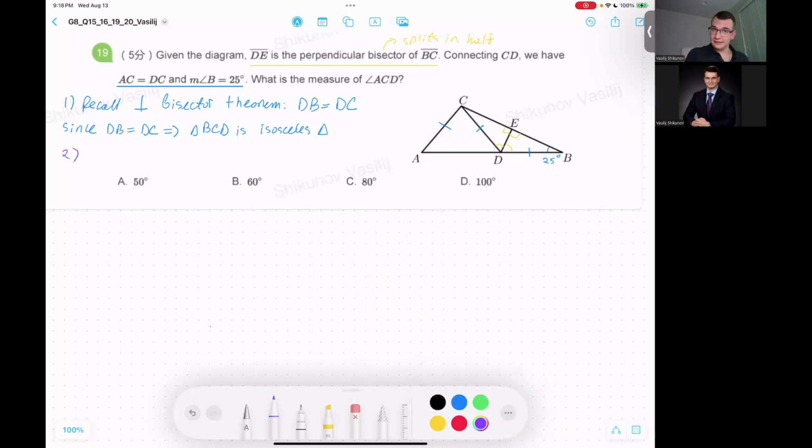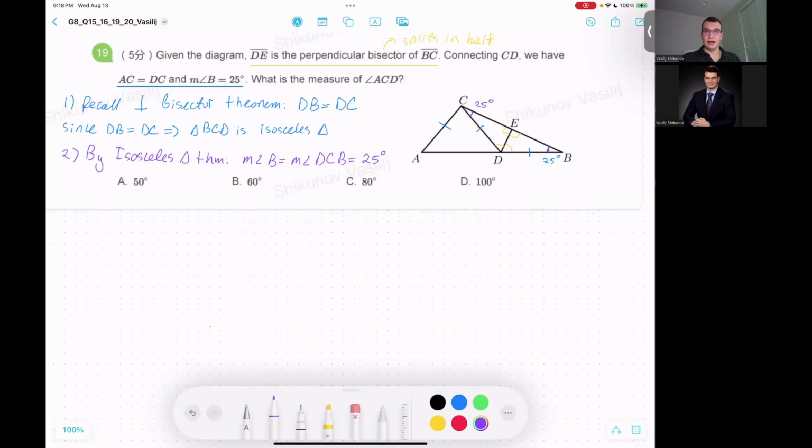By the isosceles triangle theorem, if we have an isosceles triangle, then the base angles are going to be equal. So that means measure of angle B must be equal to measure of angle DCB, which is equal to 25 degrees. So this angle right here is equal to this angle over here. This is also 25 degrees.